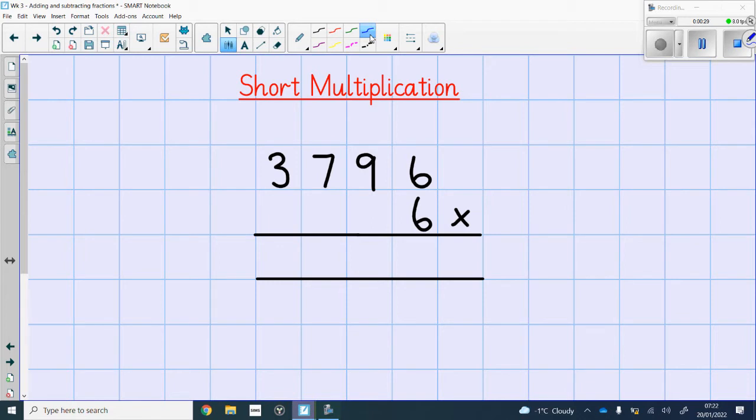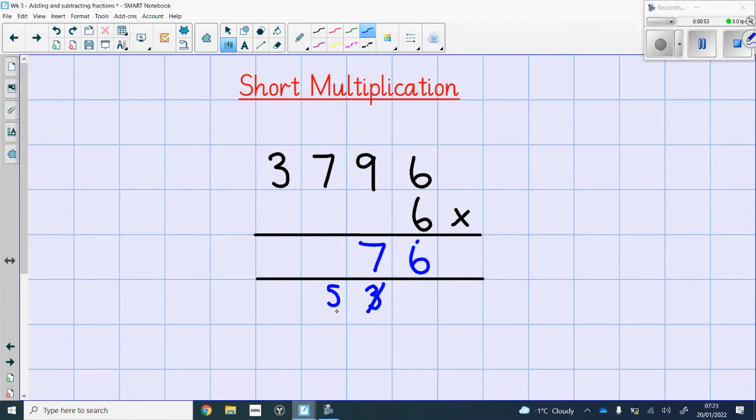So firstly, we'll start with our ones, which is 6 multiplied by 6. 6 multiplied by 6 is 36, so we put the ones in here, the 6, and we carry the 3. Next we have 6 multiplied by 9, so we're multiplying by the tens now. 6 multiplied by 9 is 54. Then we need to add the 3, which gives us 57, so we put the 7 in here and carry the 5. Now we move on to the hundreds, which is the 7.